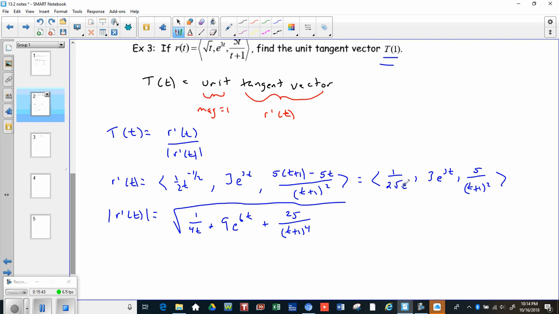I'm going to plug in 1 so we can see what we get numerically, because otherwise it's going to be a mess. So if I want to find the unit tangent vector at 1, I'm just going to plug 1 in for all these t values here. Let's see what I'm going to get for my coefficient out front. That's going to be 1 over the square root of 1/4 plus, plugging a 1 in here, 9e. And this is going to give us 25 over 1 plus 1, which is 2 to the fourth power. 2 to the fourth power is 16, so 25 over 16.